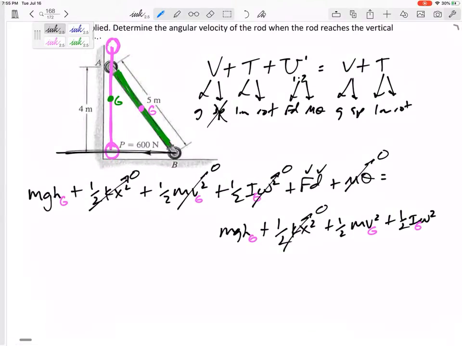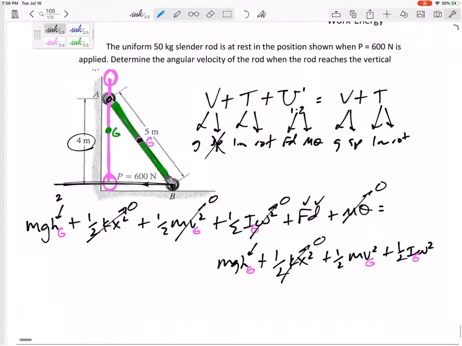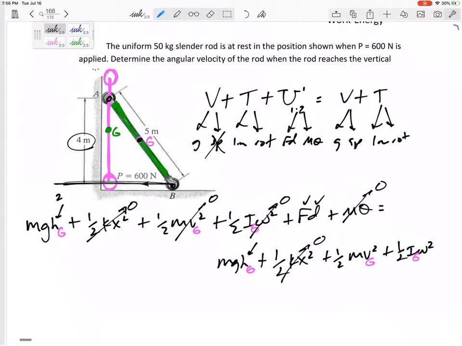So initially, my height would be what? 2, right? Initially, it's in the middle of this. That G is at 2. And then final, think about this. The bar would be straight up. The bar is 5 meters long. Final, the location of the center of gravity would be 2.5. See that? All right.